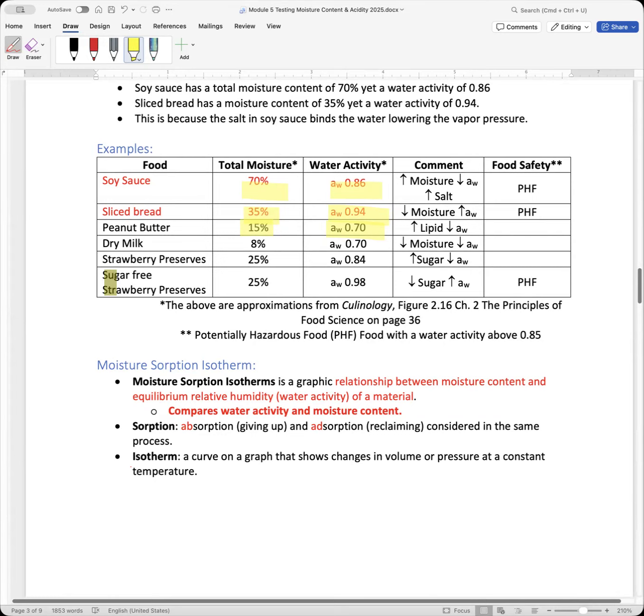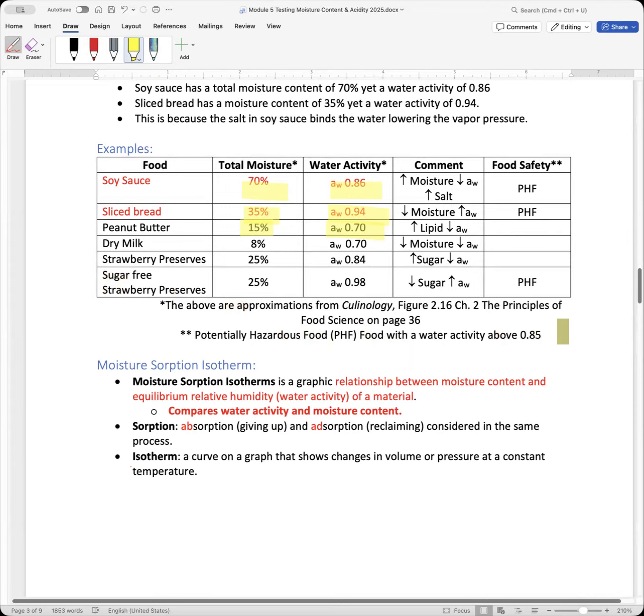So it's very important that we either add an additive that's going to discourage the microbial growth, or that we're aware of what's happening and that we treat the food in a way that accounts for it, because it's going to be riskier. Does that make sense?